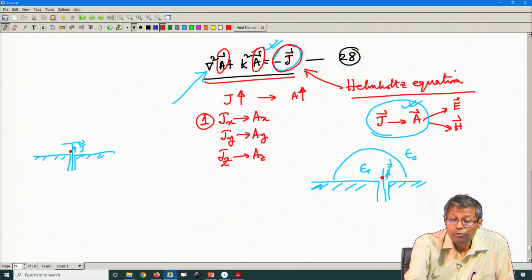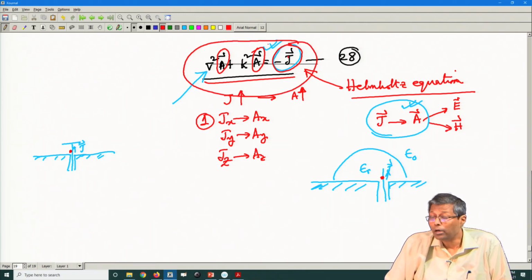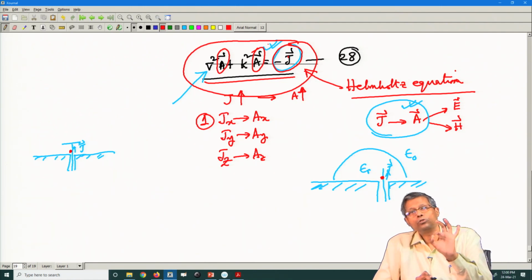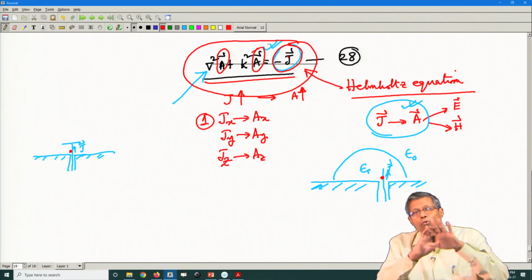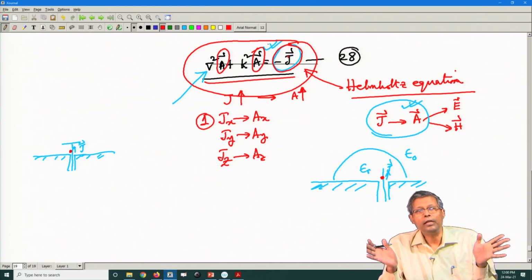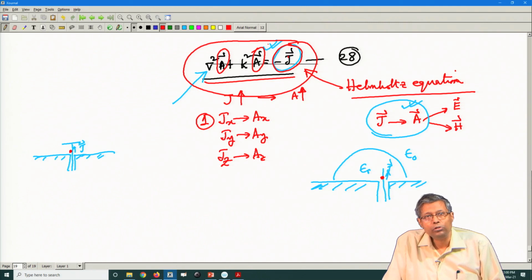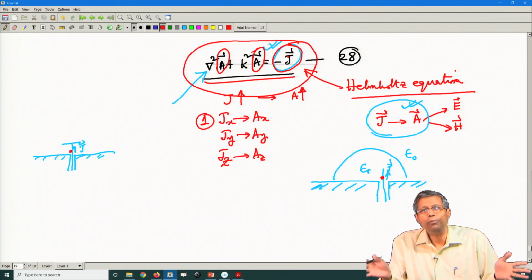It contains all the information about the boundary condition surrounding the problem. We have assumed the source and we have kept the boundary intact. The solution to the vector potential A from the Helmholtz equation contains all the information about the boundary conditions to the problem.